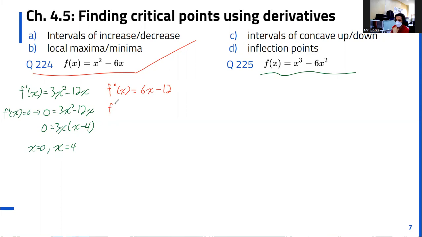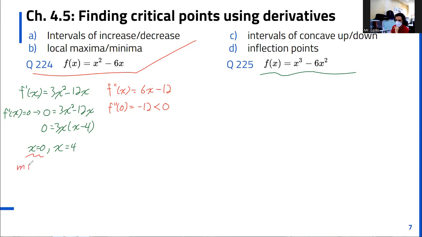So our second derivative when x is equal to 0. So 6 times 0 minus 12. So that's negative 12. Okay, so that is negative. And if our second derivative is negative, slopes are decreasing, getting more negative as we go, then that must be a minimum, sorry, other way around.